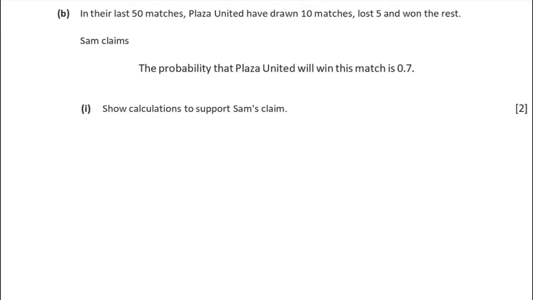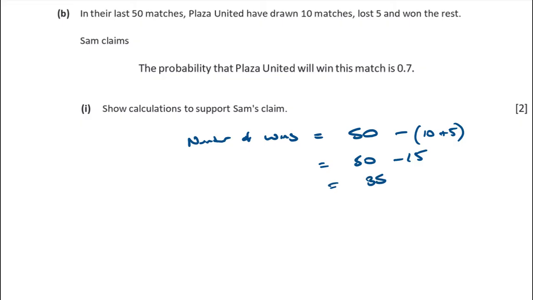So the number of wins is going to be the total number of games, which is 50, minus the losses, of which there were 5, and 10 draws. So 10 plus 5 comes to 15. So 50 take away 15, that is 35. So they won 35 matches.